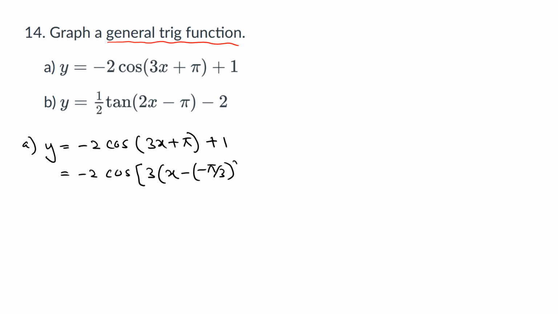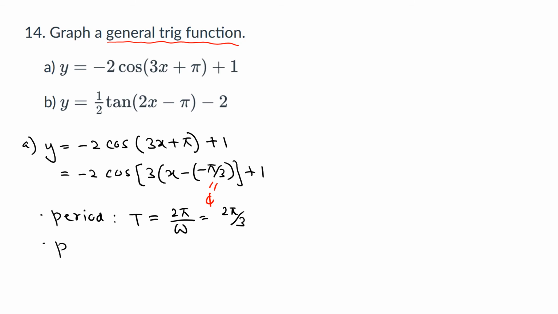Then we have the phase shift, so it is negative pi over 3. So let's calculate the period. The period for this one is T equals 2 pi over omega, which is 2 pi over 3. That's the period.